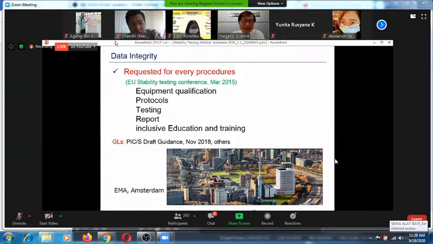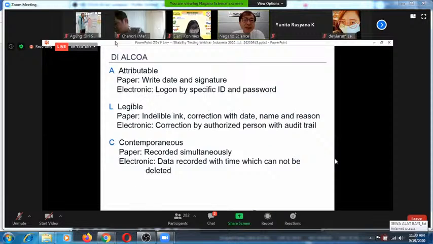By the way, EMA has transferred from London to Amsterdam, the white building in the photo below. When you discuss data integrity, you have to make a risk analysis by ALCOA.